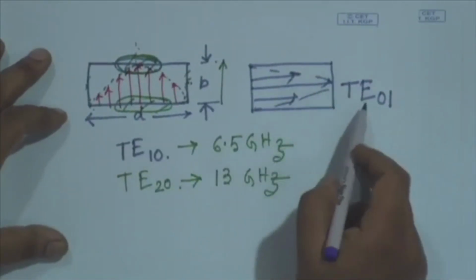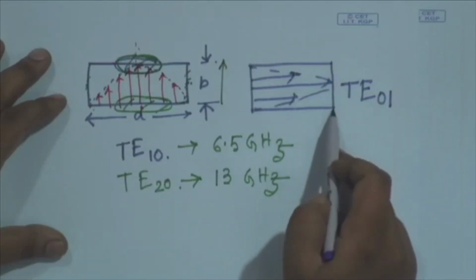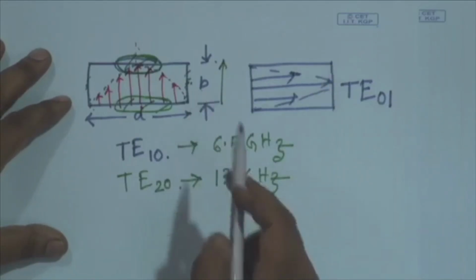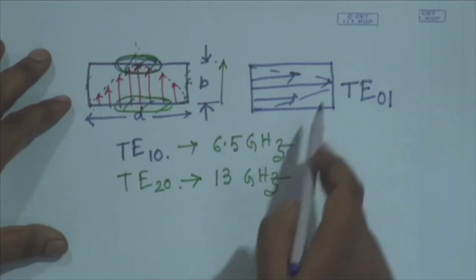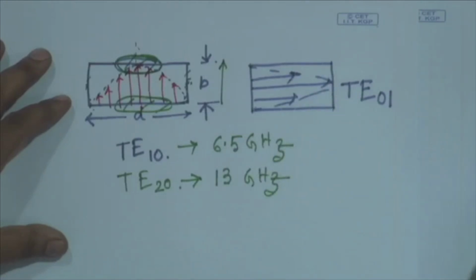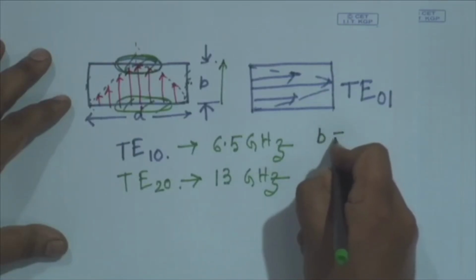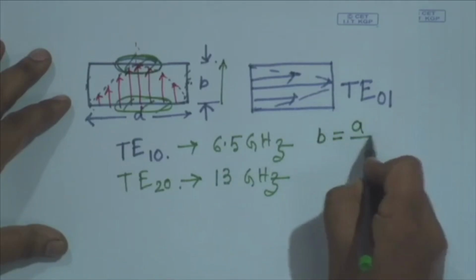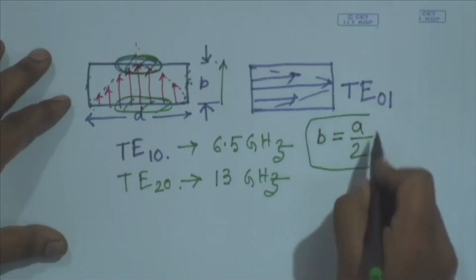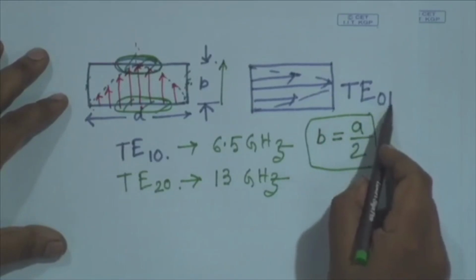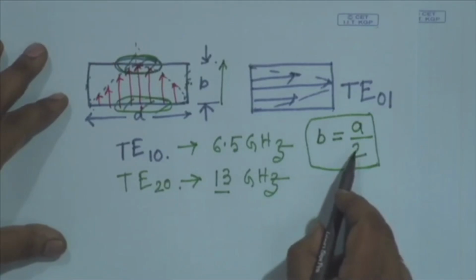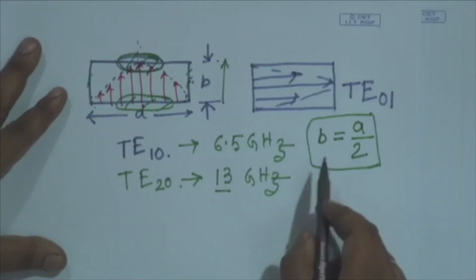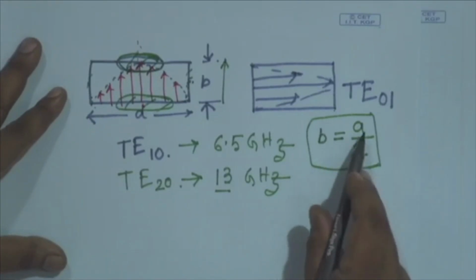So, for TE01 mode, the cutoff frequency will be determined by b, and if I want to utilize the whole bandwidth from 6.5 to 13, then this b should be what? Its maximum value can be a by 2, otherwise the cutoff frequency of TE01 will be smaller than 13 gigahertz.